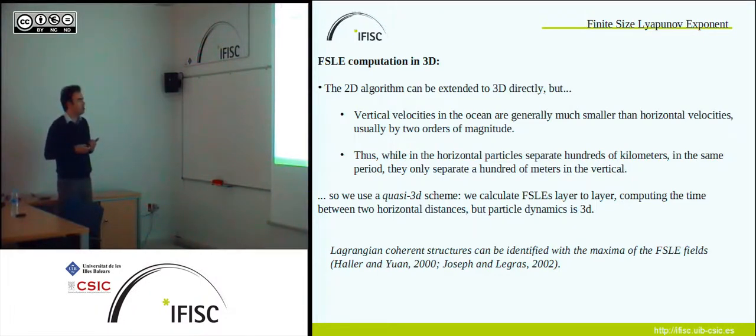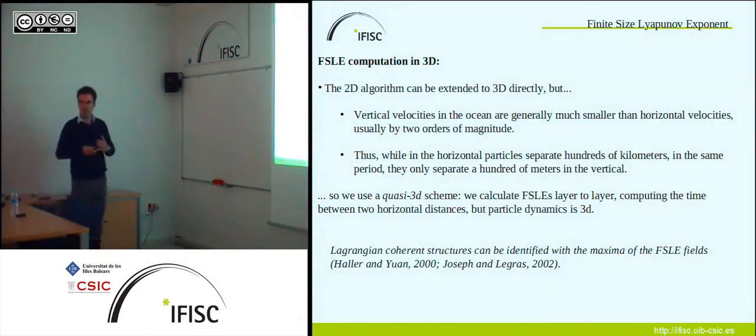So we decided not to use the vertical distance between the particles, and we calculated the finite-size Lyapunov exponents layer by layer, like I showed you, but we still let the particles evolve in a 3-dimensional fashion.